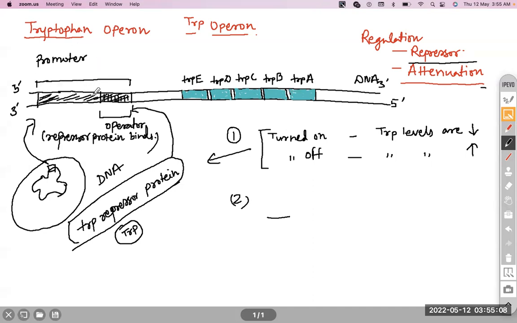RNA polymerase will come and sit here in the promoter region, but when the TRP repressor protein is bound to the operator region, it blocks this RNA polymerase from further transcribing these genes.